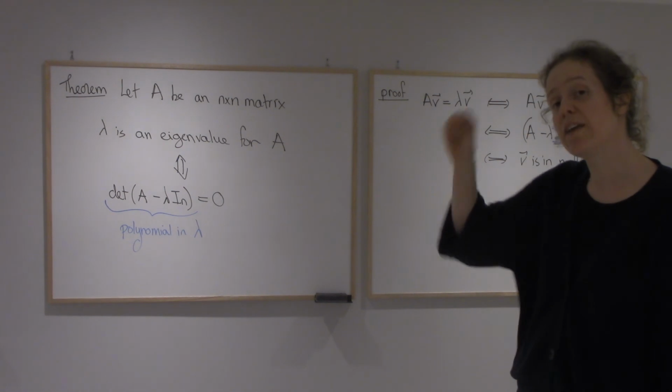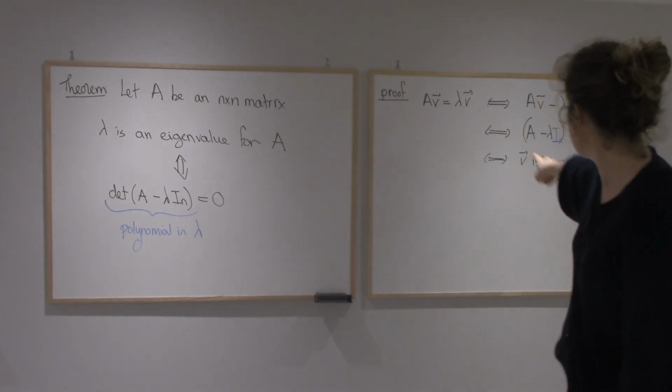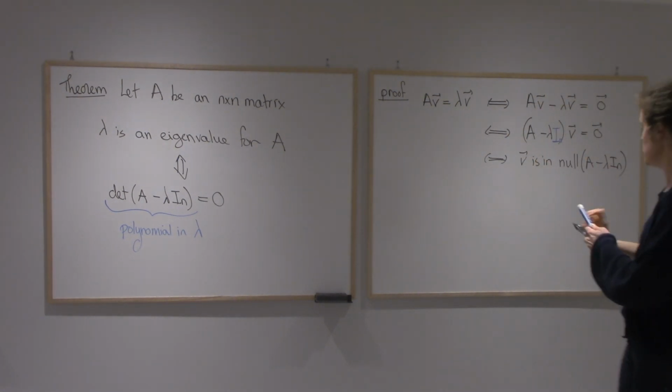All right, so if you have an eigenvector v for value lambda, that means there's something in the null space.